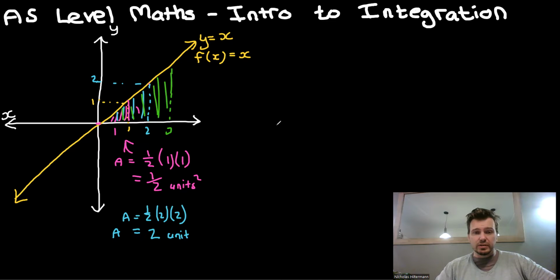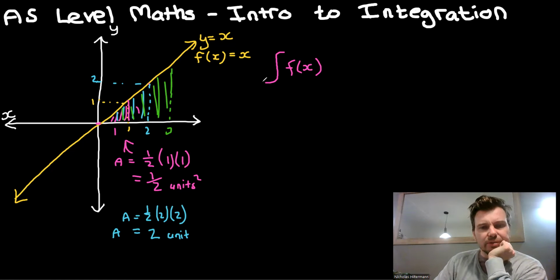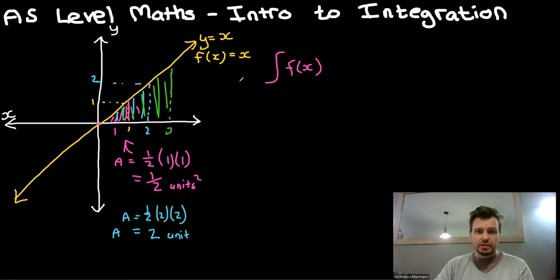When we integrate, we did the first area in pink, so let's do it in pink. We use this weird S sign, and that means find the integral of f of x. And so there's a formula that we do.